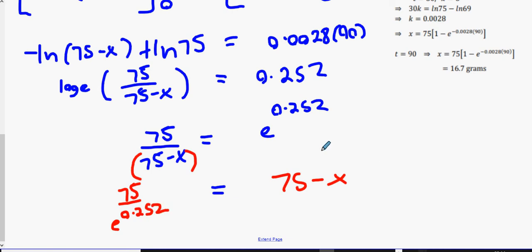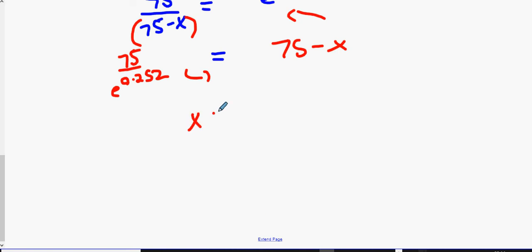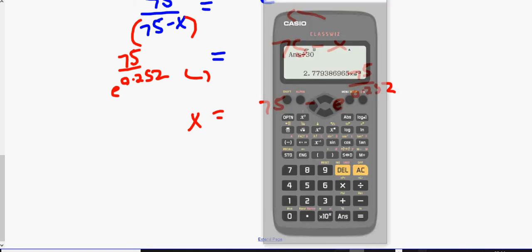I'm thinking bring the x to the left and all of that to the right. I'm thinking we throw all that into the calculator.